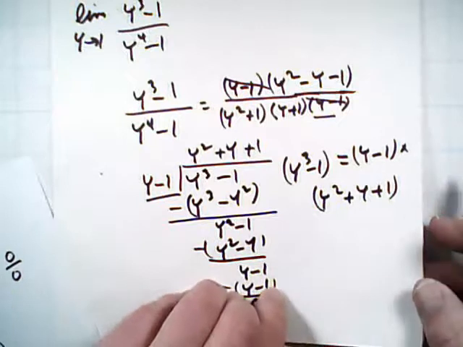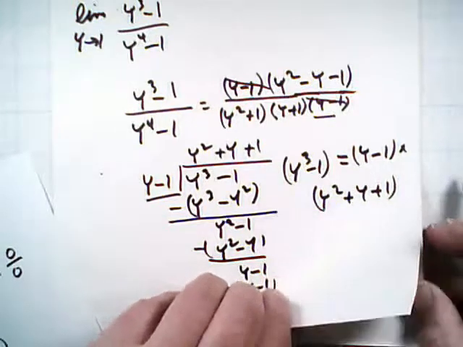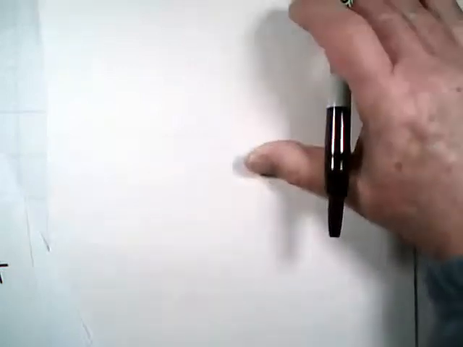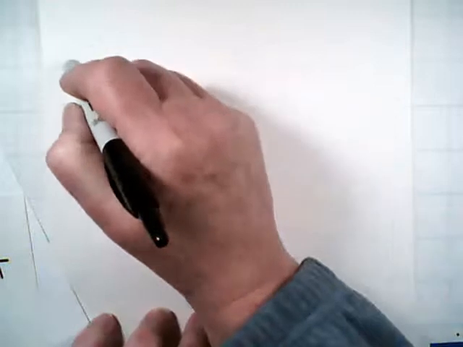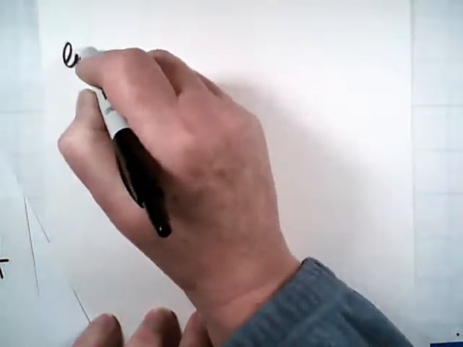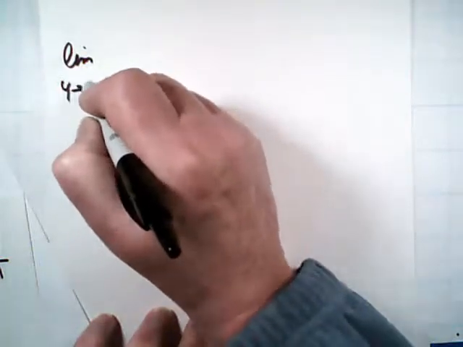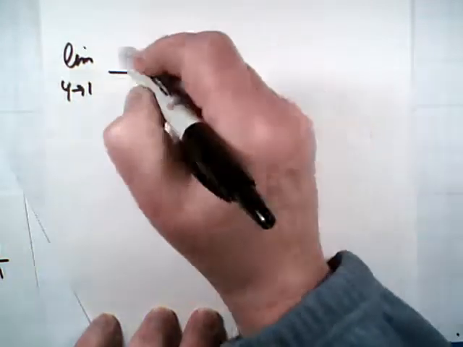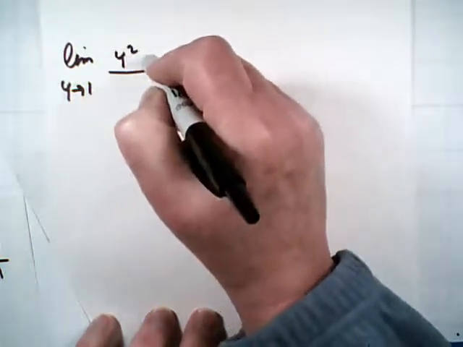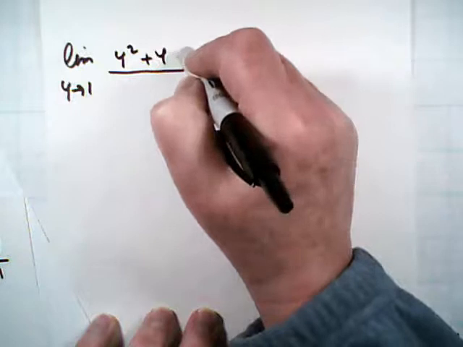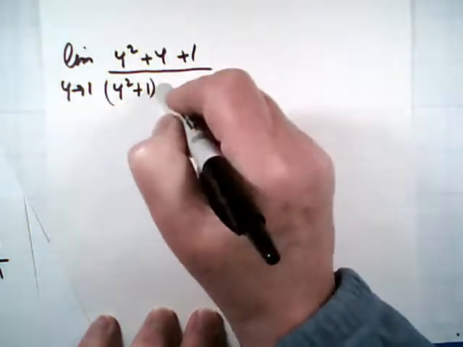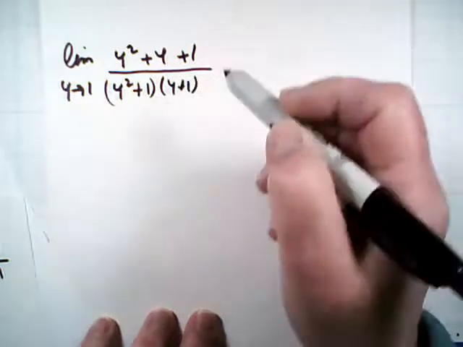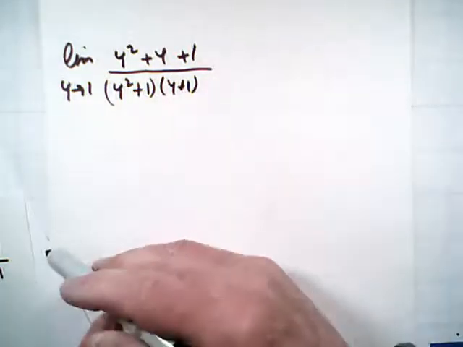So let's rewrite that function now as the limit as y goes to 1 of y squared plus y plus 1 divided by y squared plus 1 times y plus 1. This is another limit problem.